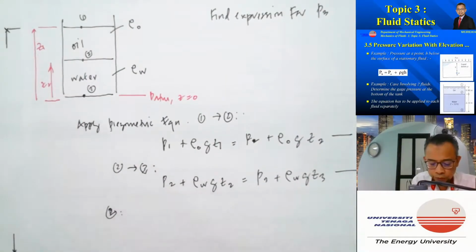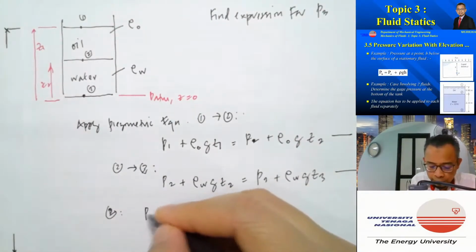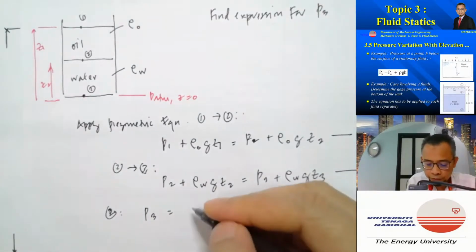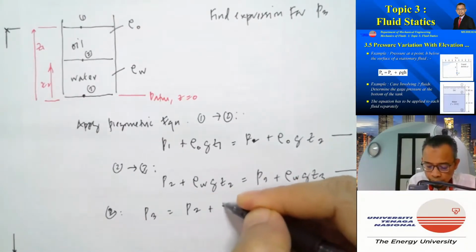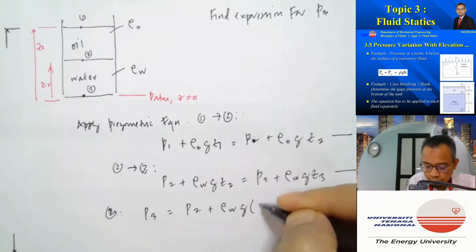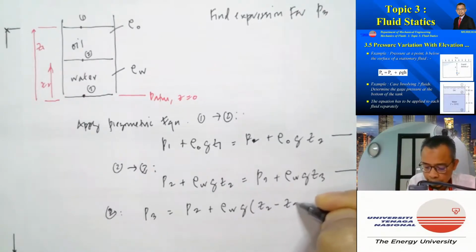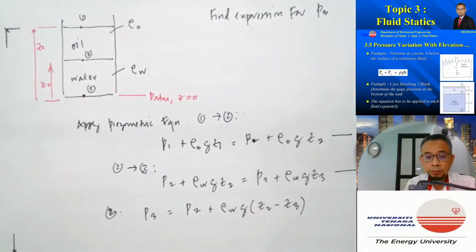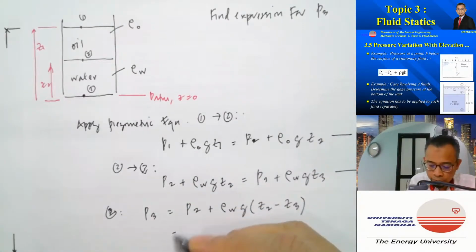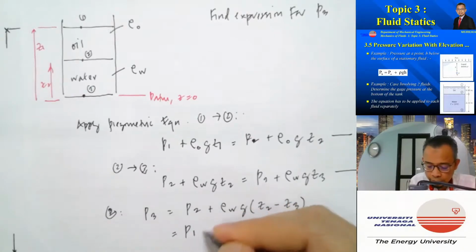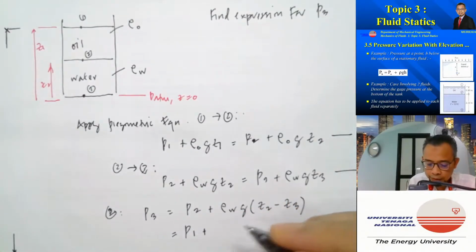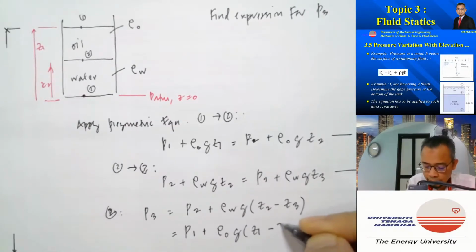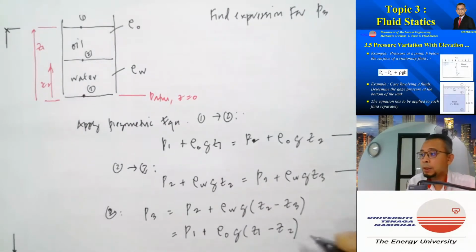From equation 2, P3, which we want to find out, is equal to P2 plus rho water G (Z2 minus Z3). From equation 1, P2 is equal to P1 plus rho oil G (Z1 minus Z2).